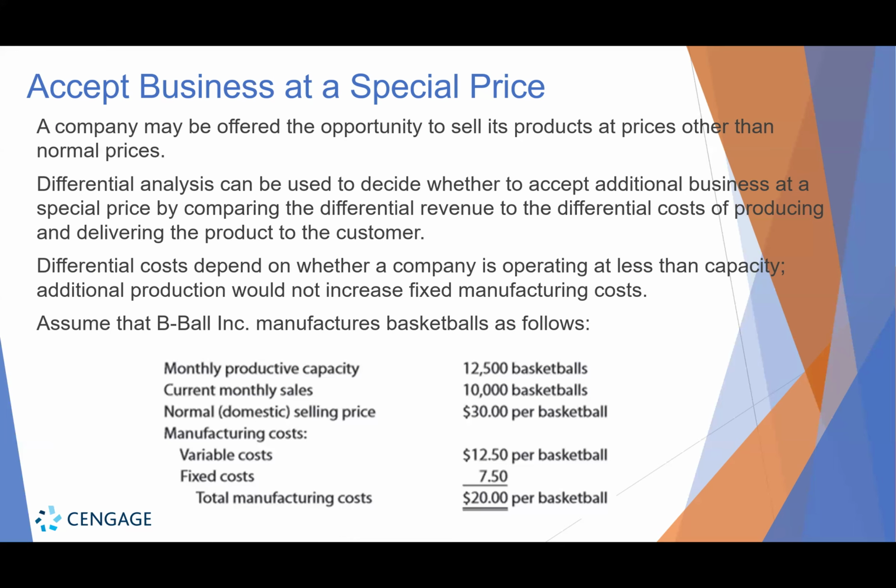So here you see we normally produce 12,500, or the ability is to produce, we have the capacity to produce 12,500 basketballs, but we currently do produce 10,000 basketballs. And we sell them for $30 a basketball. And we've got our variable costs and our fixed costs of $20 a basketball.